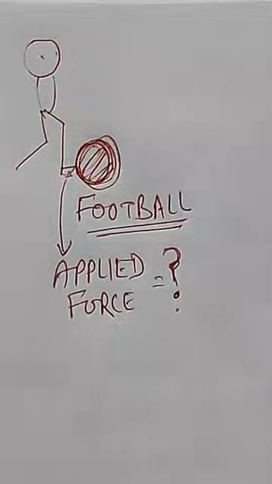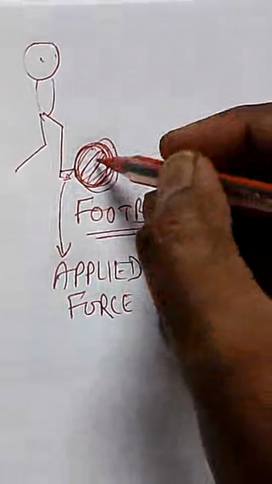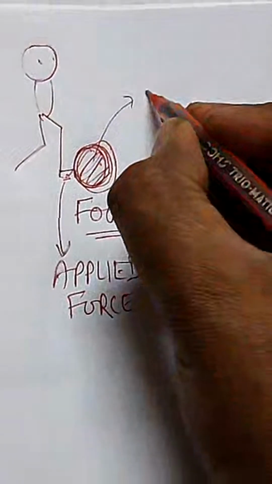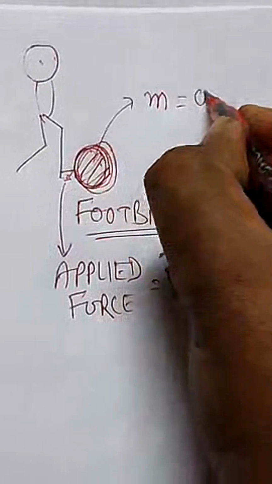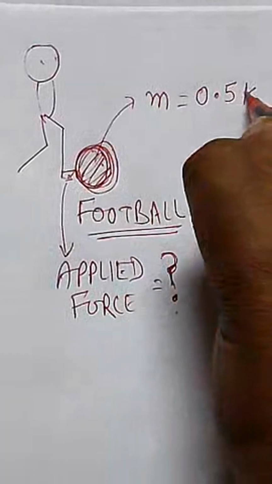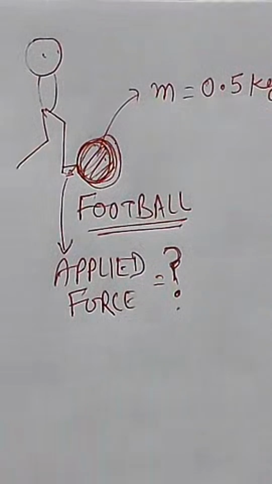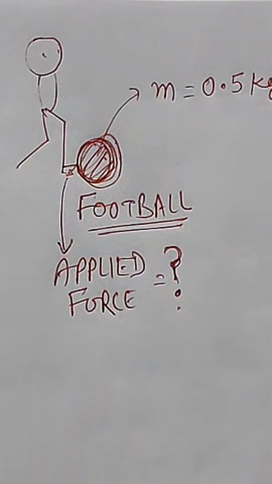It's given that the football player kicks a 0.5 kg ball, and the mass of this ball is, let's say, m, and the mass is 0.5 kg. And after kicking, it imparts a velocity of 10 meter per second.